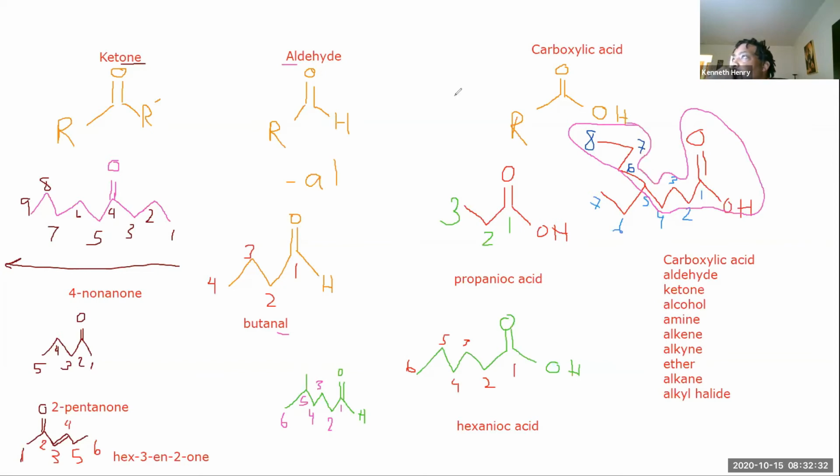Okay, so the back part is going to be called what? Oct. Are there any double bonds? Just the one for the O. Okay, so then I'm just going to use "a." And then the ending should be? "Oic" acid.